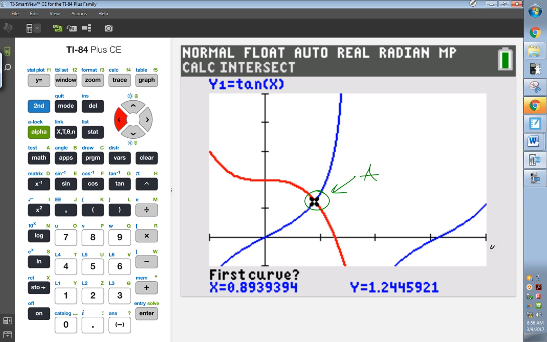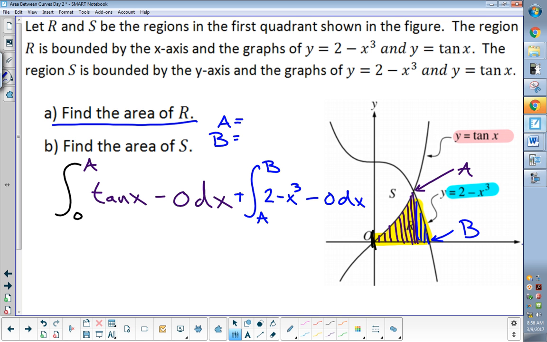That's close enough. It says first curve, hit enter. Second curve, it's in the same spot, hit enter. Guess, it's in the same spot, hit enter. There's my A value. On my paper, where we said A equals, I'm going to write in that 0.9021 number.